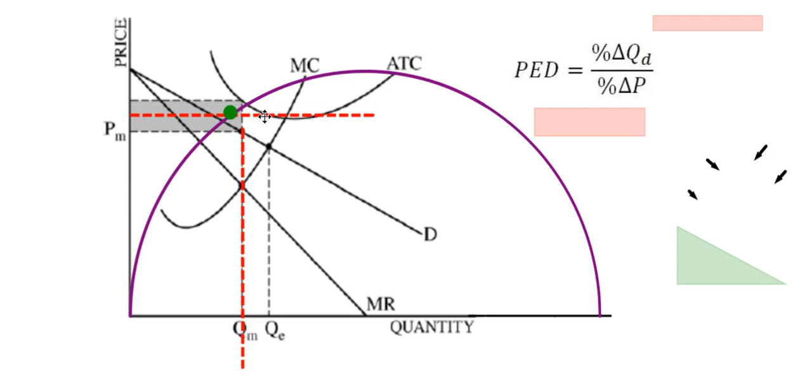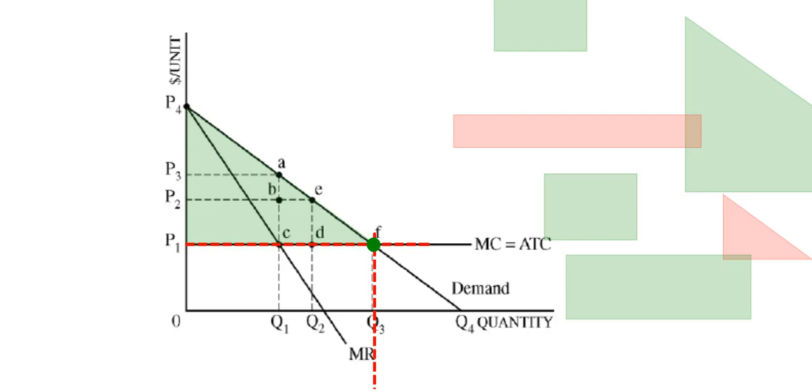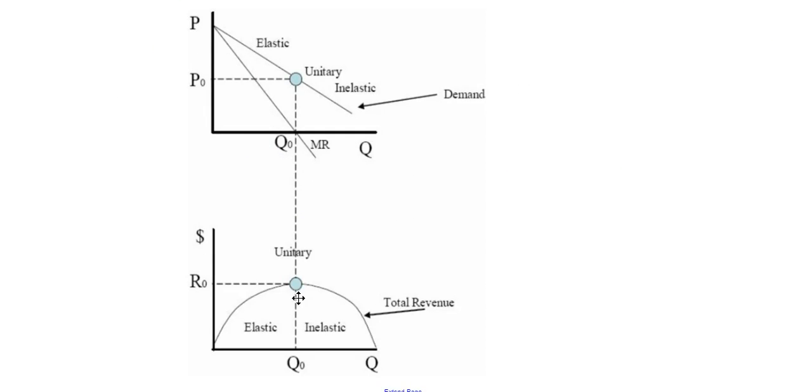And you're also at a point where you can say, in this area right here on your demand curve, marginal revenue is greater than zero. So when marginal revenue is greater than zero, once again, you're in the elastic portion of your demand curve.